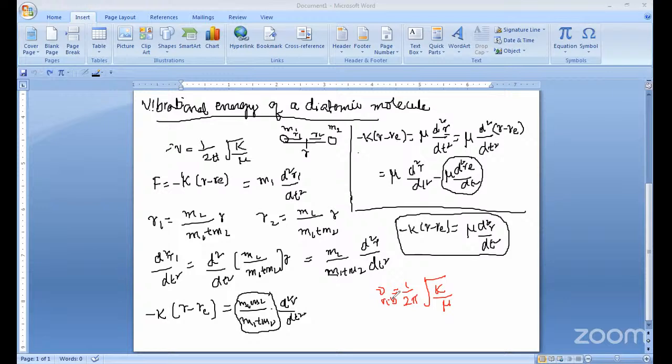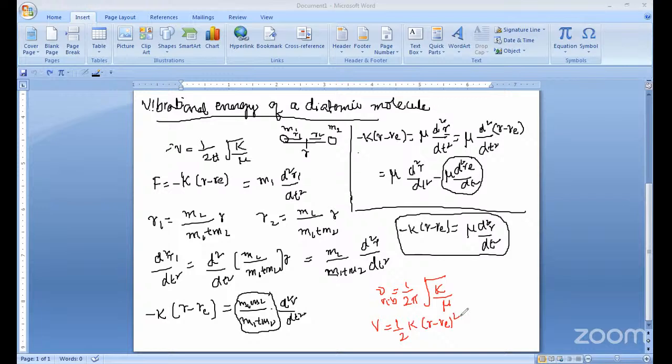Now the potential energy function of the vibrating diatomic molecule, under the influence of the nuclei, is parabolic. The potential energy is given by V equals half into K into (R minus Re) whole square.